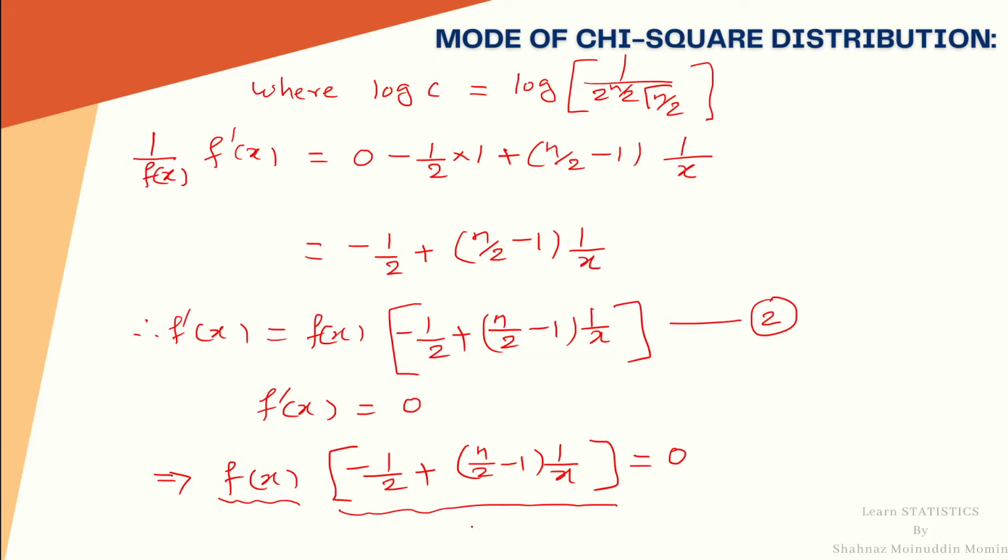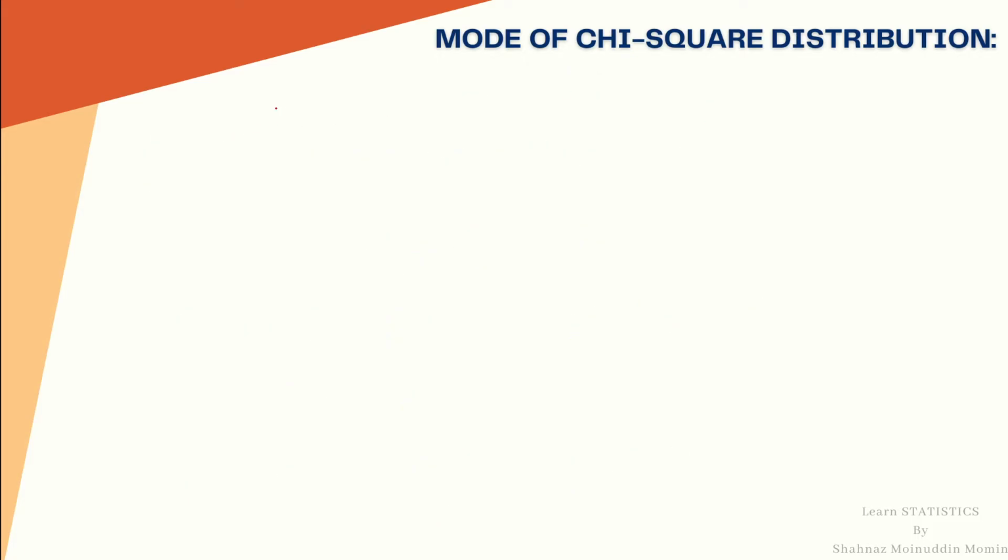Hence, minus 1 upon 2 plus n upon 2 minus 1 into 1 upon x must be equal to 0. Therefore, n upon 2 minus 1 into 1 by x is equal to 1 upon 2.